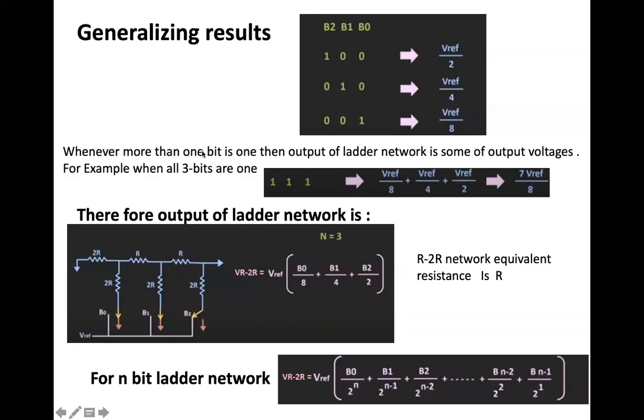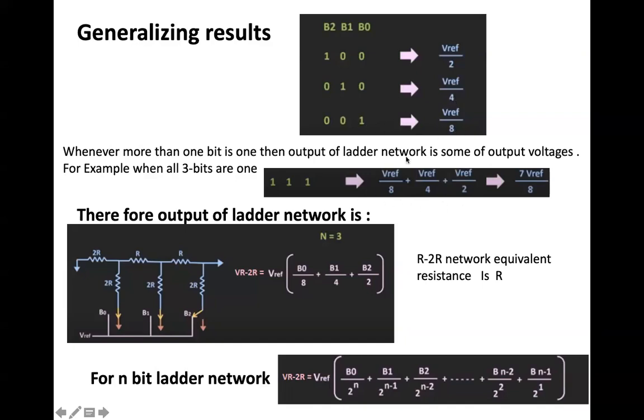Whenever more than one bit is 1, the output of the ladder network is the sum of the output voltages. Now let us say that I have 1 1 1. In that case, I'll be adding divided by 8, divided by 4, and divided by 2. All three will be added, right? Because for B2 it's divided by 2, for B1 it is divided by 4, and for B0 it is divided by 8.